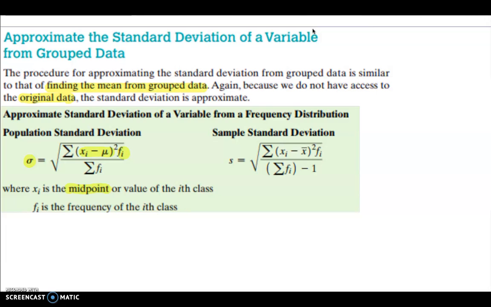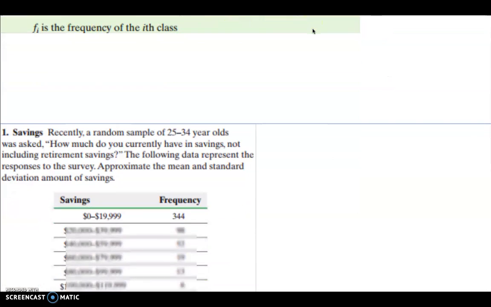If there were 100 data points in that class, we would take 25 times 100, and then divide it by the sum of all of the frequencies when we got through all of the classes. The only thing that changes with the sample is we subtract 1 in the denominator after adding up all of the total frequencies. So let's do an example of this.